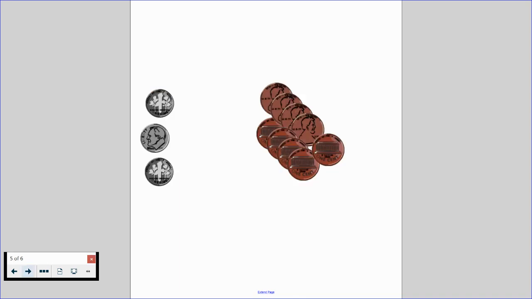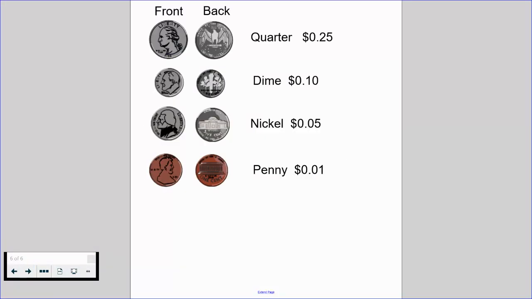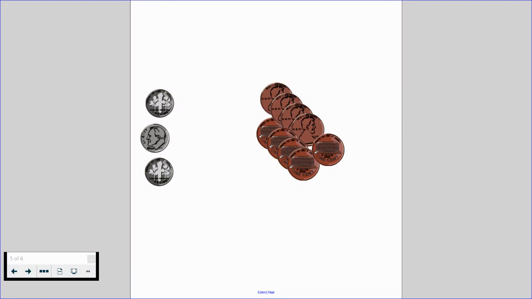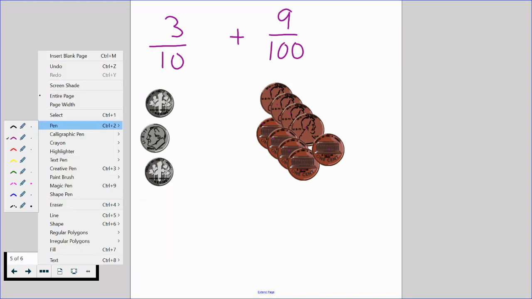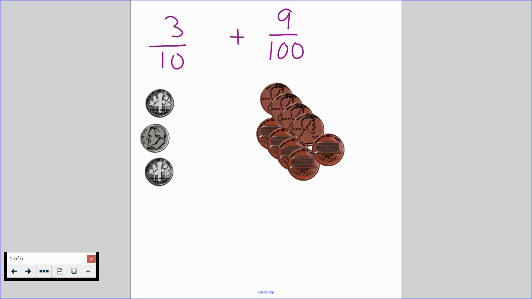So when you're given an addition situation, think in terms of money. For example, if you were given the situation of 3 tenths plus 1, 2, 3, 4, 5, 6, 7, 8, 9 hundredths, you know you don't have to do anything to change the hundredths, but you do have to turn the tenths into hundredths.